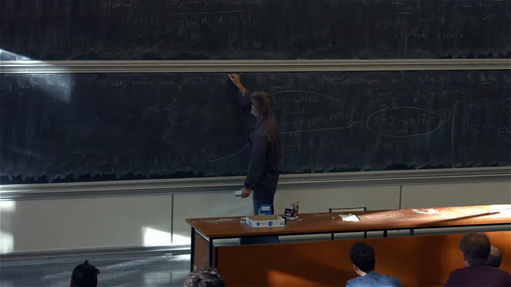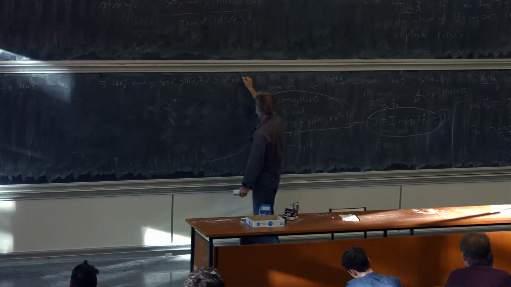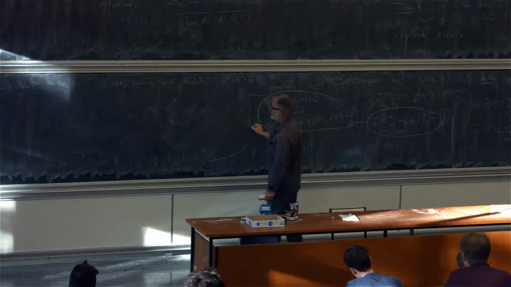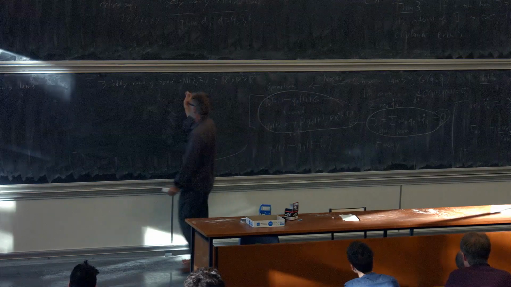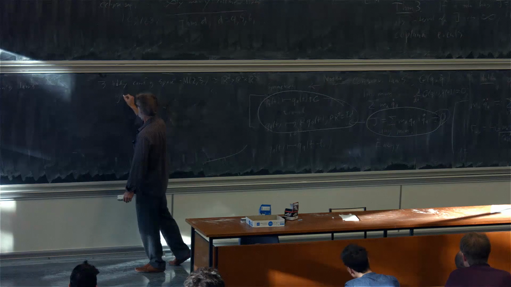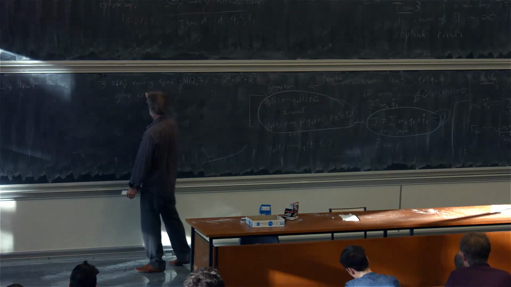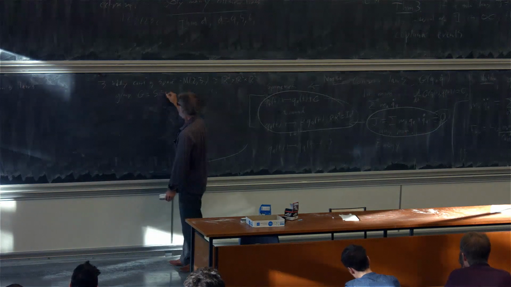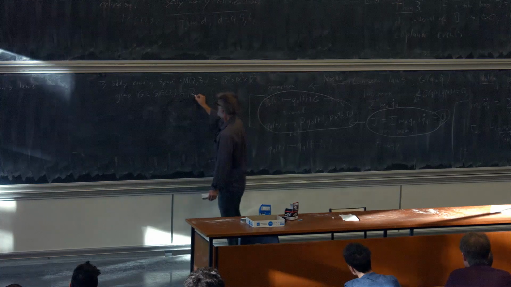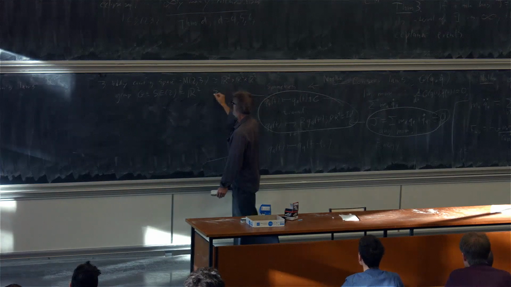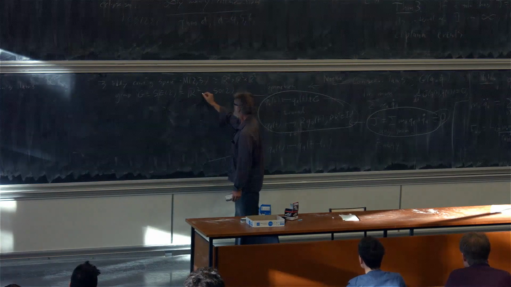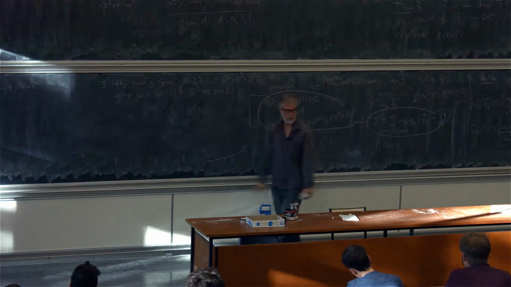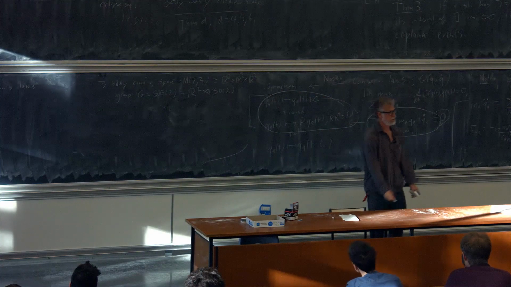It looks like R2 cross R2 cross R2. And these together form a symmetry group, G, SE2, which looks like R2 and rotations with some funny semi-direct product. So it's rotations and translations.